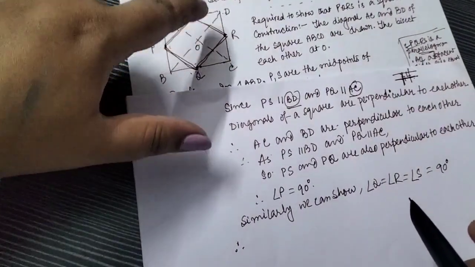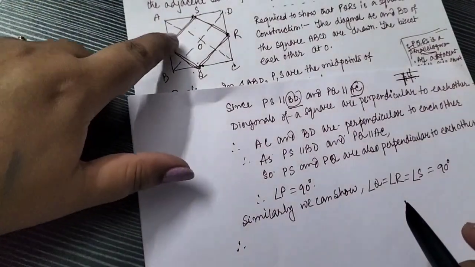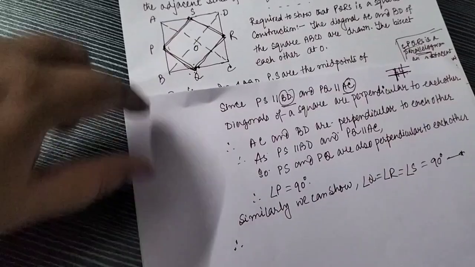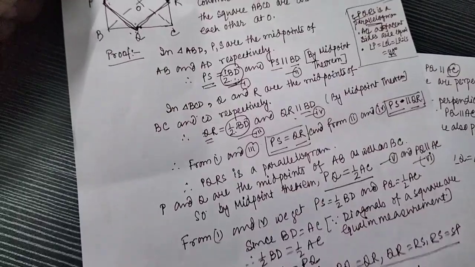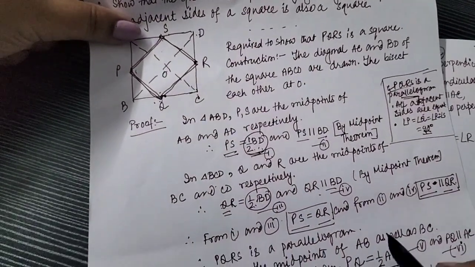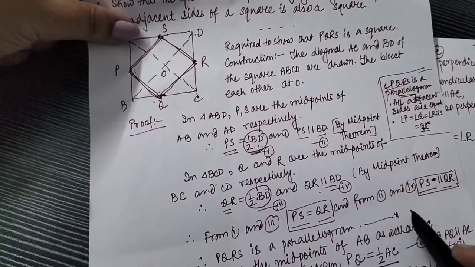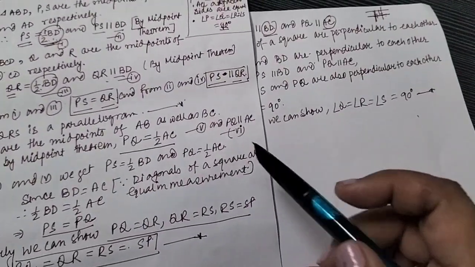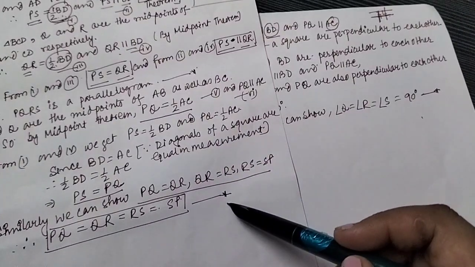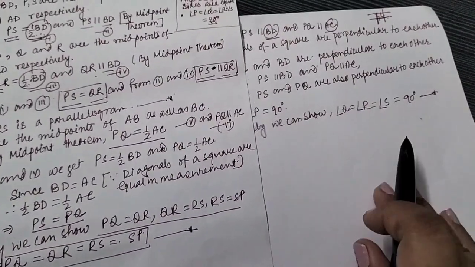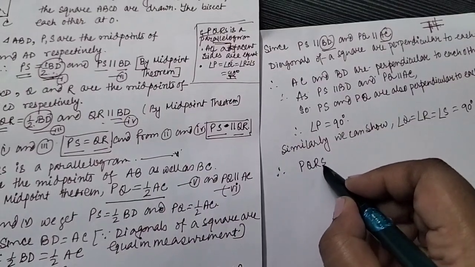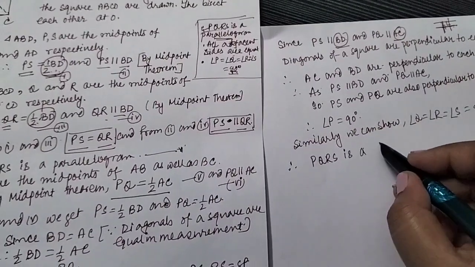All pairs of adjacent sides are equal in measurement and each angle is 90 degrees. Considering these three relations, that is parallelogram, adjacent sides equal and each angle 90 degrees, we can conclude PQRS is a square.